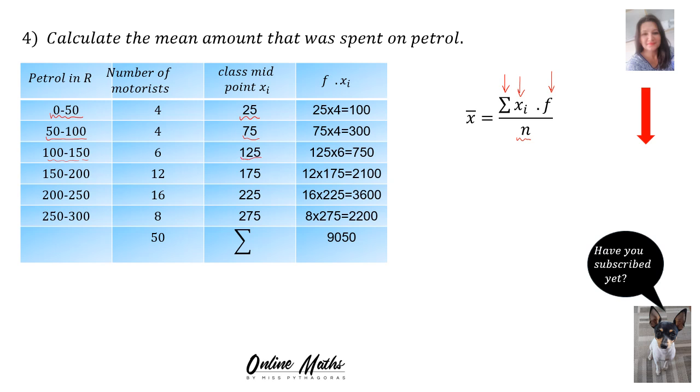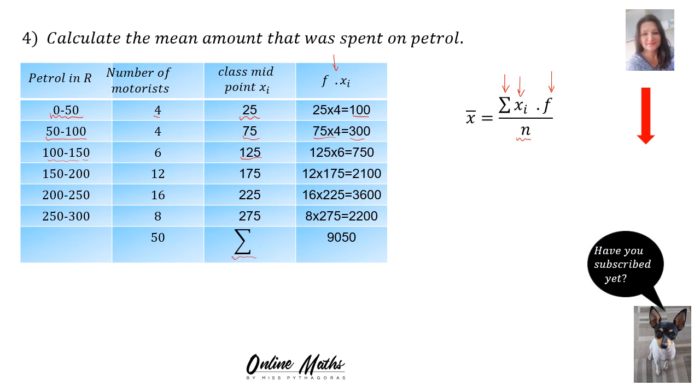Then in this last column, what I did here, I said the frequency, which is 4, times the class midpoint, the 25, is 100. Then 75, the class midpoint, times 4 is 300. So I did that for every single interval. And then you will see I added everything, because sigma means add.